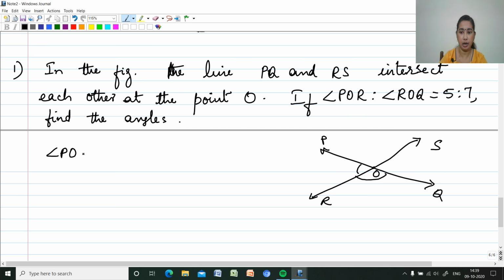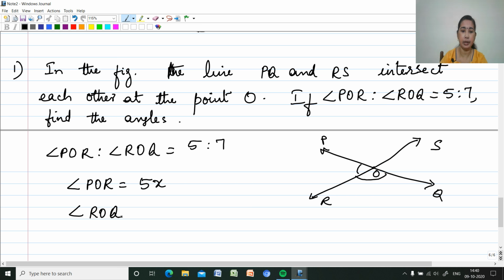Since it is given in ratio, angle POR can be written as 5x and angle ROQ as 7x, because something will be common in the original values, and after simplifying we write the ratio in its simplest form. Let the common term be x.